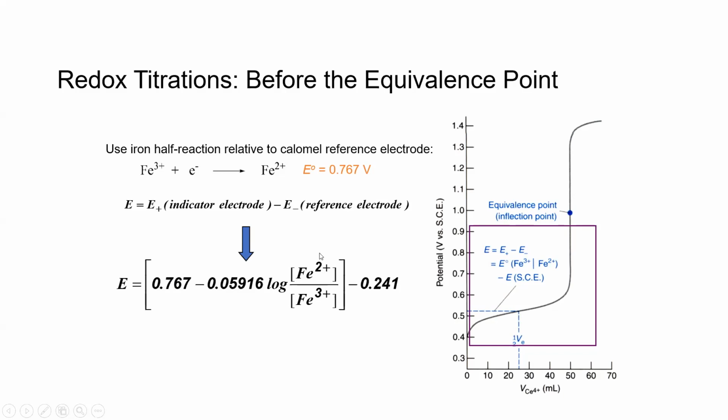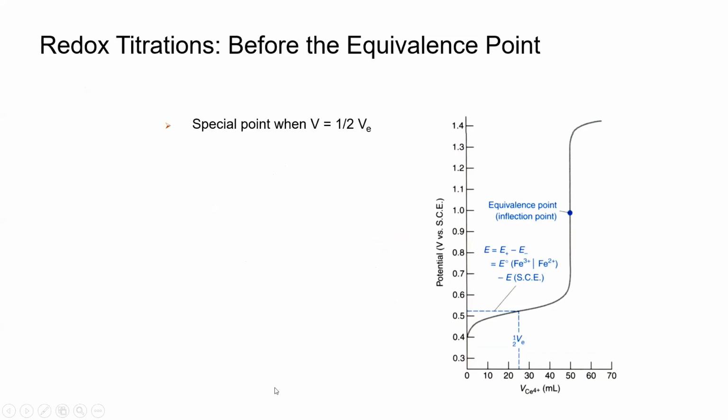This is the constant, and this is the concentration, and you get your final reaction. So this is obtained from your E naught that you measure from that equation. Then this is for the potential of your calomel electrode, and this is your iron 3, this is your iron 2. And when you simplify this, you get that.